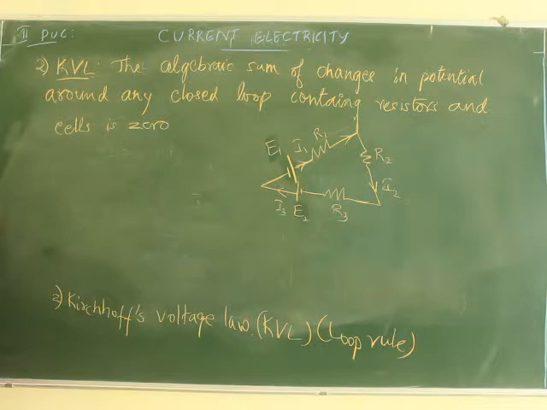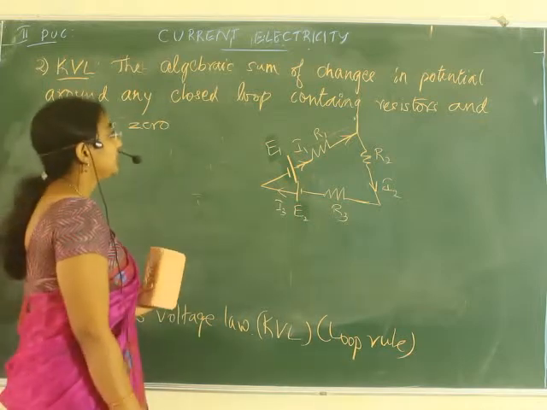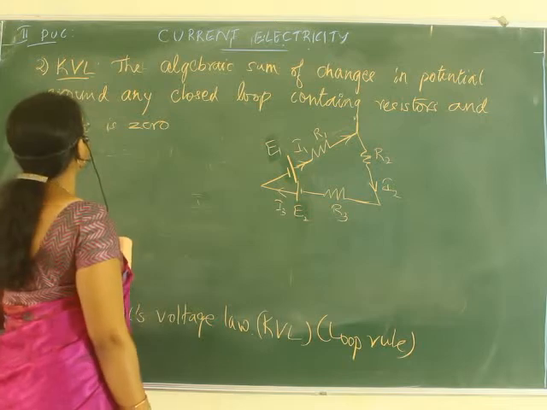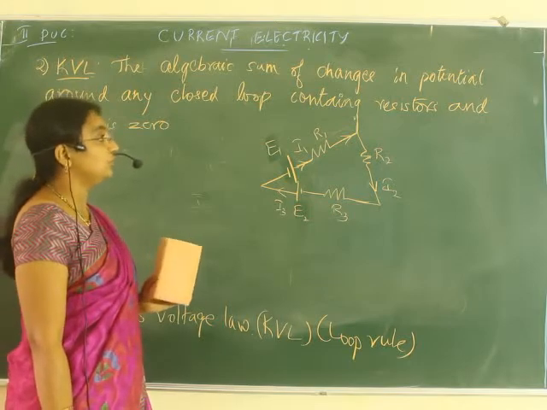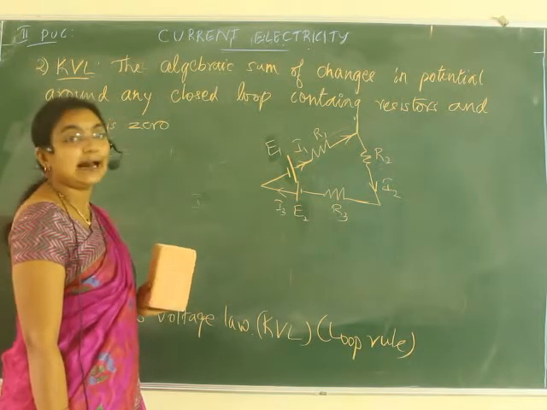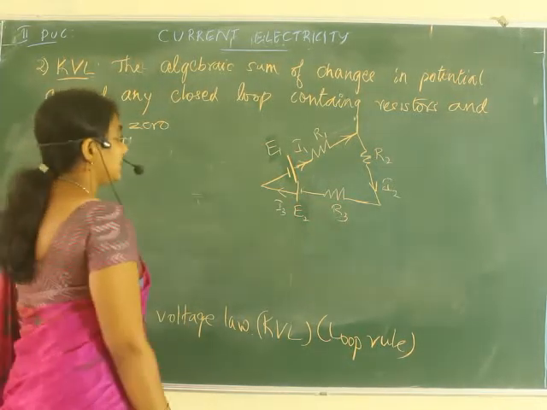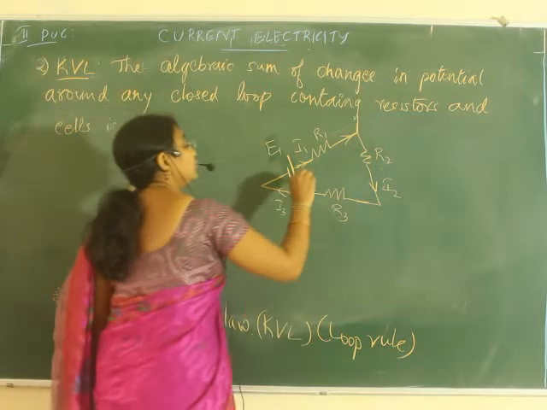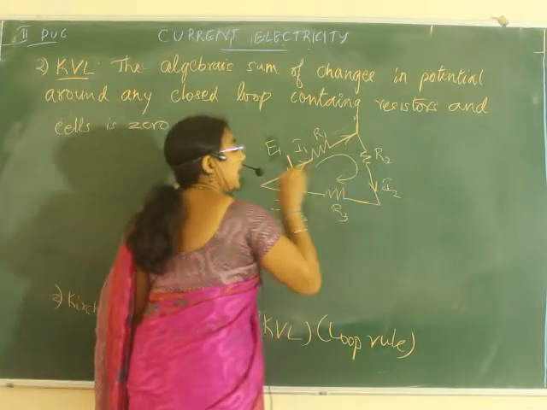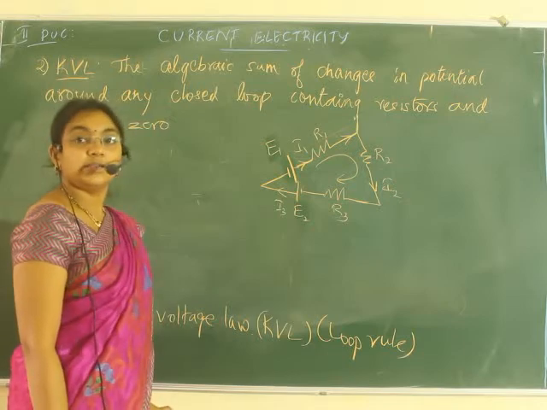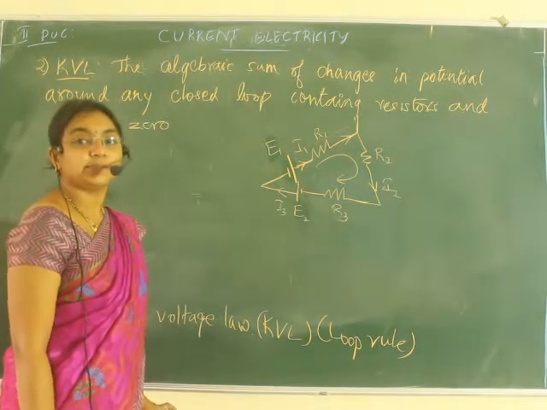Now let us apply the rule, that is KVL. Algebraic sum of changes in potential around any closed loop containing the cells and resistors is equal to 0. So for this, let us draw one arrow mark, so that it gives me a path.